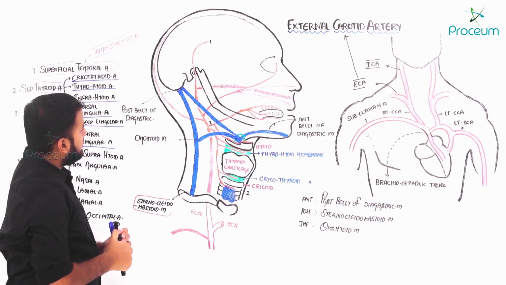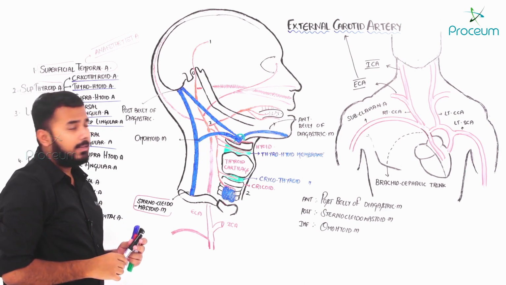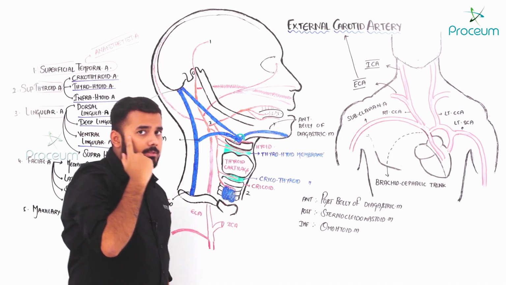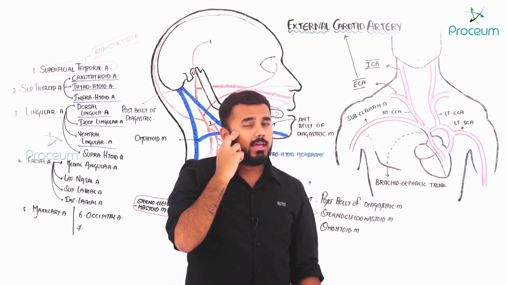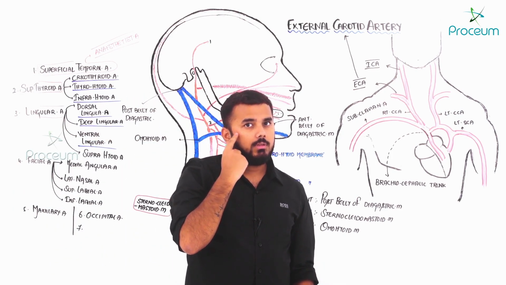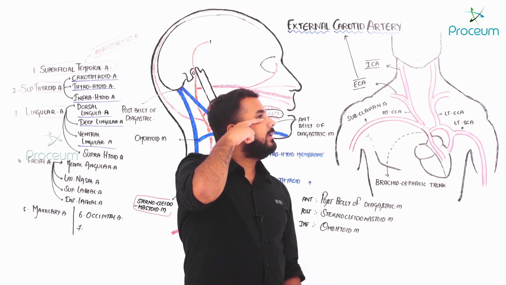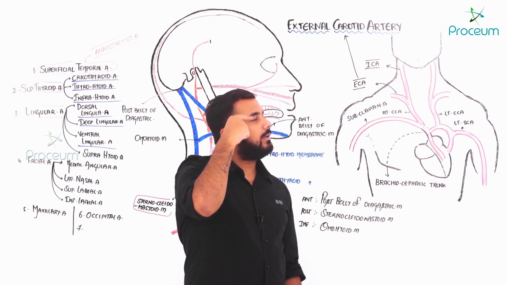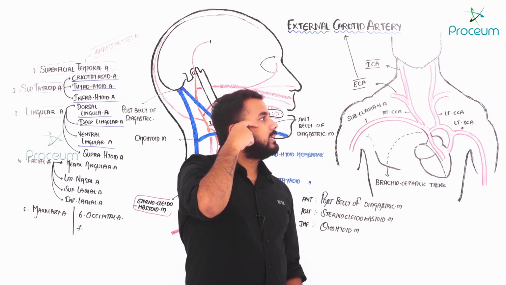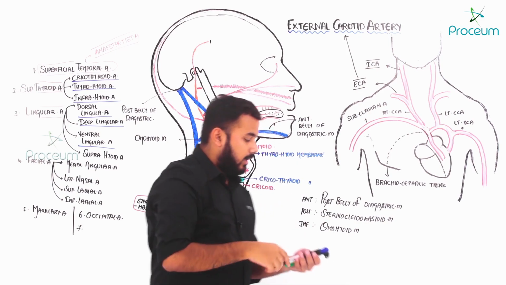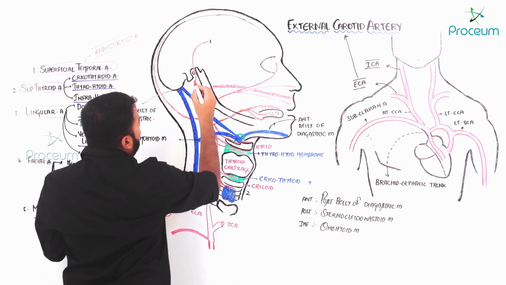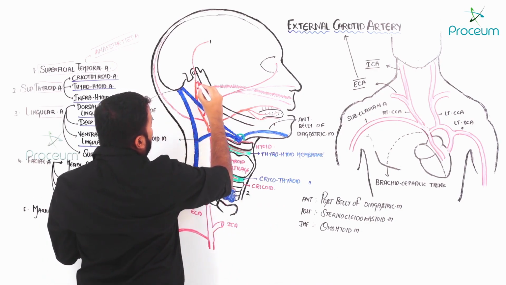And the next artery is this: all of you know there is a bone over here. This is called the zygomatic process, and this zygomatic bone is exactly near your orbit. Now, there is an artery arising from this external carotid artery.